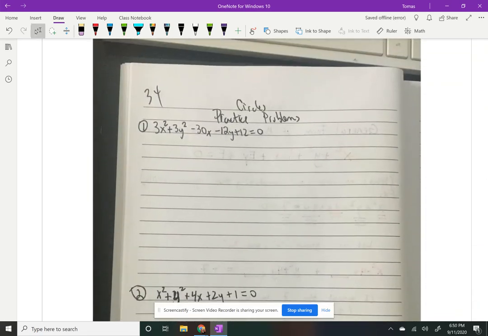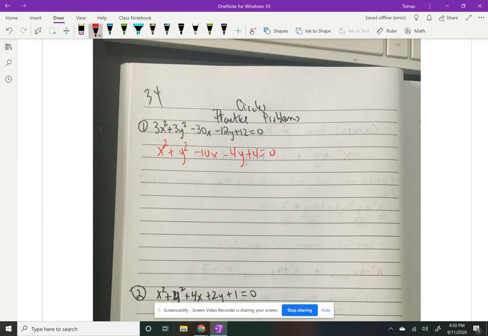So let's take this problem. We have the almost identical problem. We have x, we have the y squared, we have all these numbers. But one thing that they all have in common is we could reduce all of them by 3. So this actually could be x squared plus y squared minus 10x minus 4y plus 4.